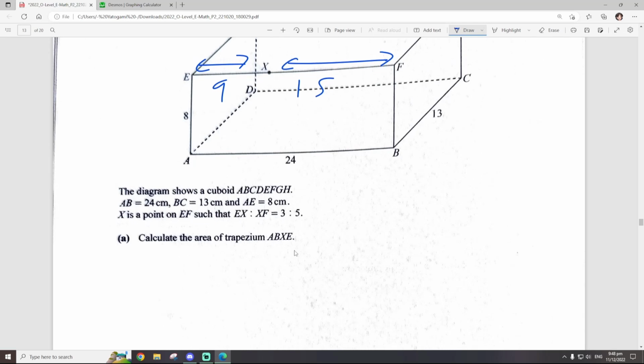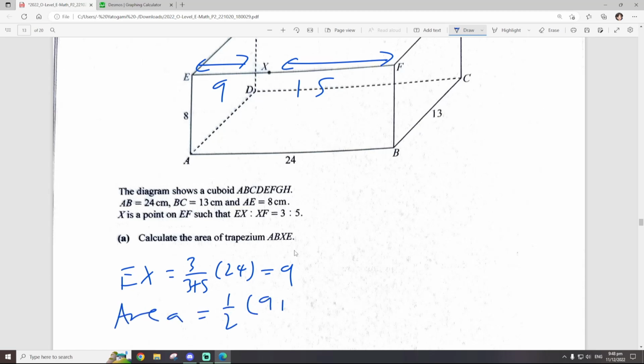We need to find EX. This is 3 over 3 plus 5 of 24, which is 9. So area will be half times the sum of parallel sides, so 9 plus 24, times the height. So you'll get 33 times 4, which is 132 cm squared.